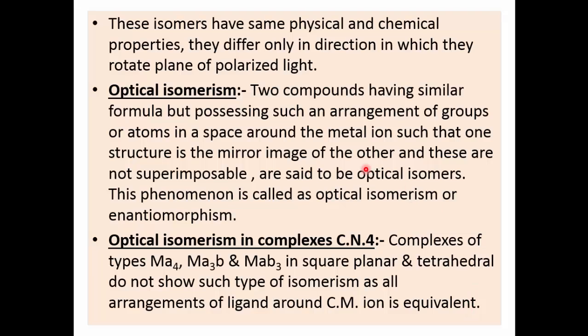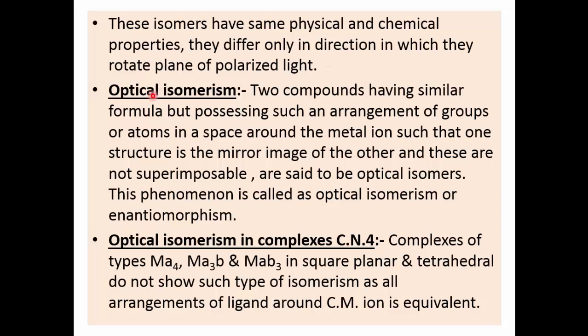These isomers have the same physical and chemical properties. Only they differ in the direction in which they rotate the plane of polarized light. Just as we have discussed, the D form rotates the plane of polarized light clockwise, while the L form rotates it towards the left hand direction.